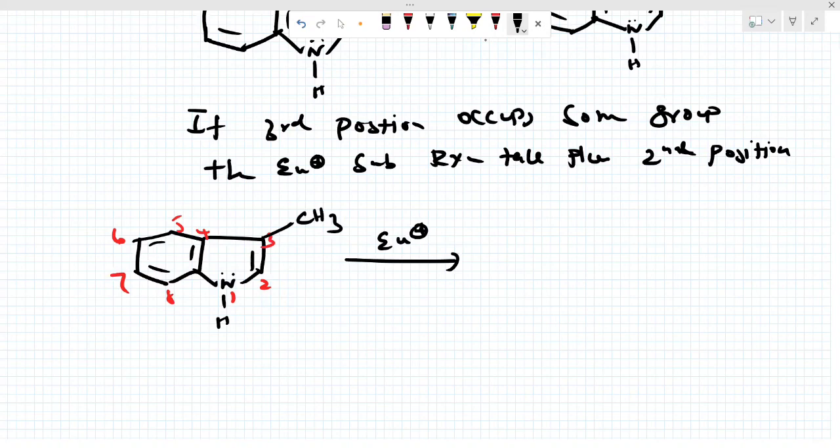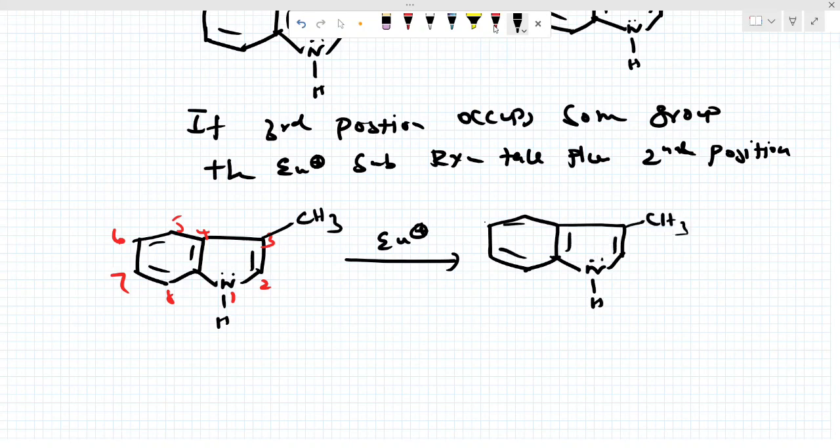Generally in indole, the electrophile attacks the third position. Suppose that position is occupied by some other group, where will the electrophile attack? The second position. Now what is the answer? Tell me. Nitrogen with a dot, here CH3. Now the electrophile is going to attack this position. You got the answer? This is very simple, right?